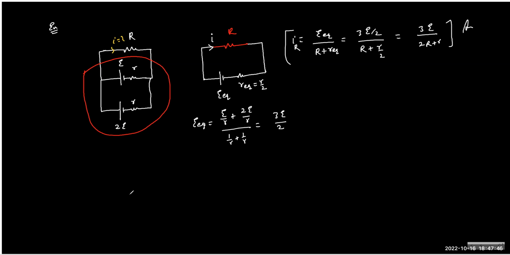Now, can we take all three into consideration? The answer is yes, you can, because a resistance without a cell can be thought of as a cell of zero potential. So the other perspective is, I can think of it as a cell of 0 volt.